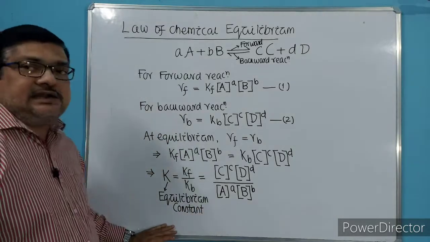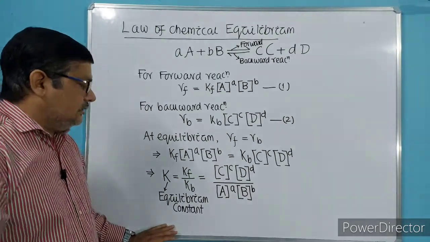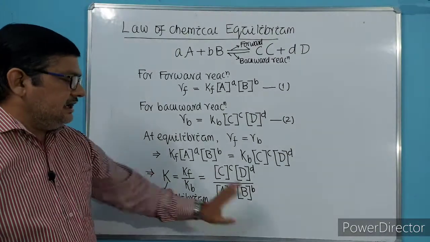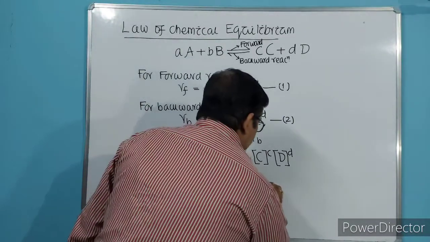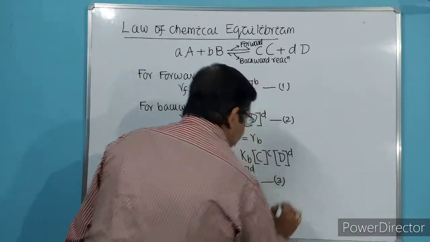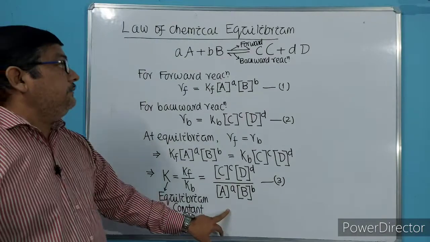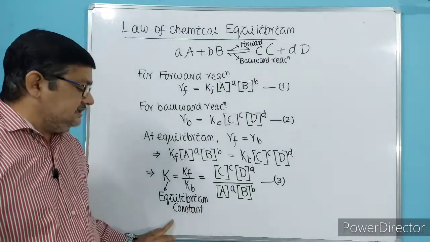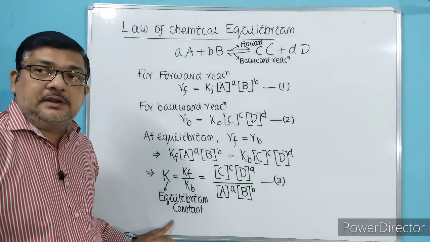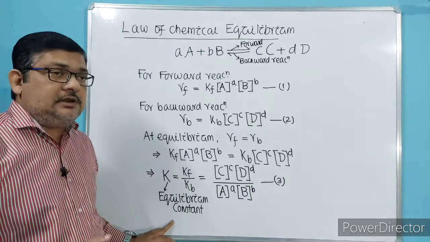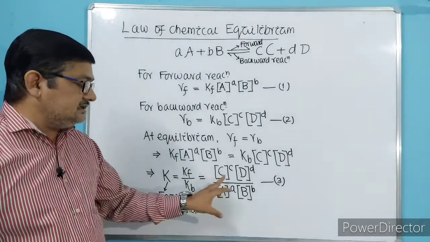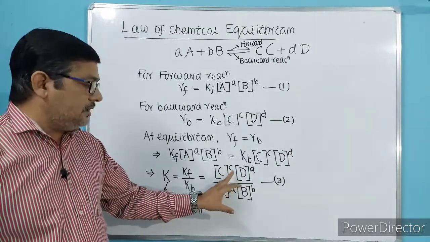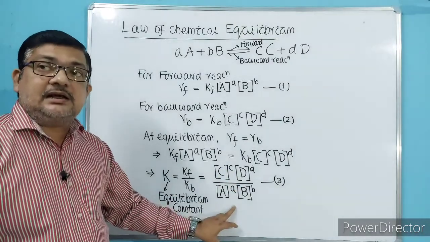So it is a constant at a given temperature. How do we define the equilibrium constant? From this relationship we can define the equilibrium constant. Make it equation 3. This is called the law of chemical equilibrium, which defines the value of the equilibrium constant. I already told you that for a given reaction at a given temperature, the ratio of concentration of the products and reactants is constant.